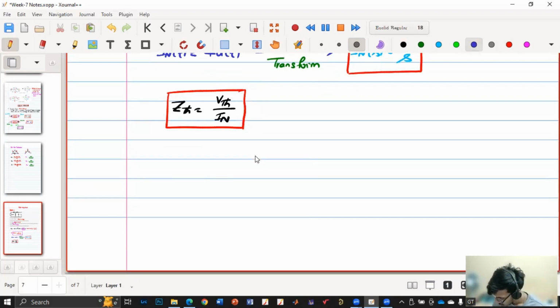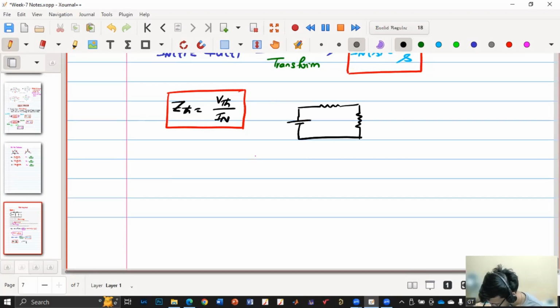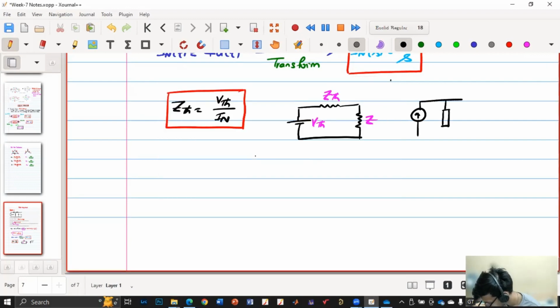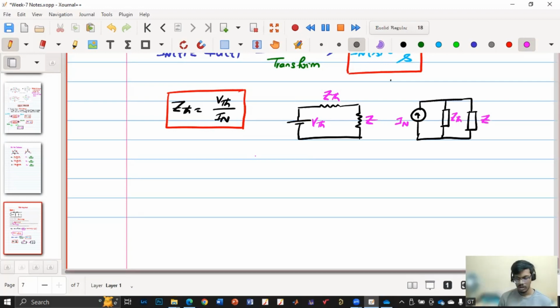Any given circuit can be represented by a voltage source V Thevenin and Z Thevenin and Z, or a current source and Z Thevenin or Z Norton and Z. So this is I Norton, this is Z Thevenin, and this is Z.